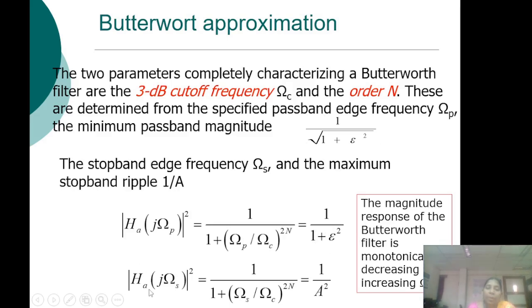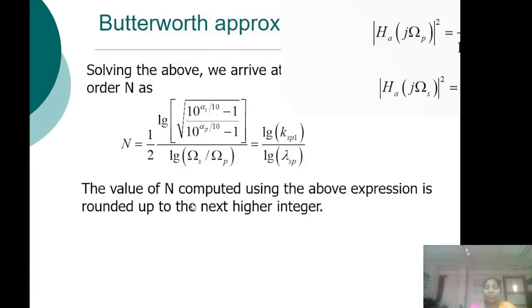And in the case of the stop band edge frequency, it is 1 by 1 plus omega s by omega c whole power 2n, which is equivalent to 1 by a squared. So the pass band edge frequency we are equating with 1 by 1 plus epsilon squared, and the stop band edge frequency we are equating to 1 by a squared.